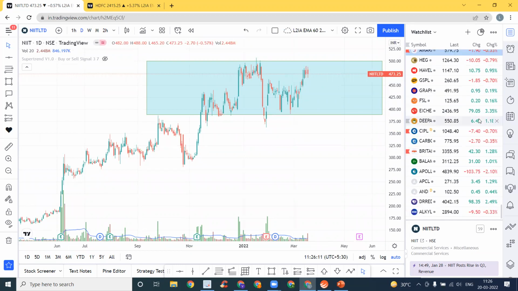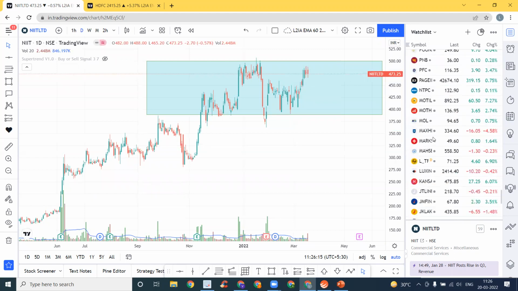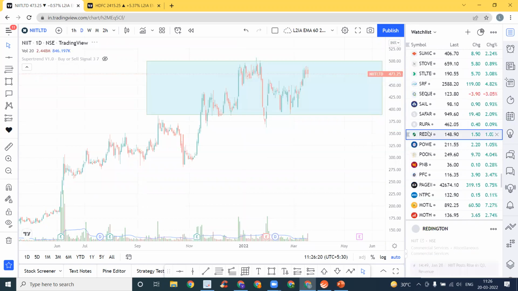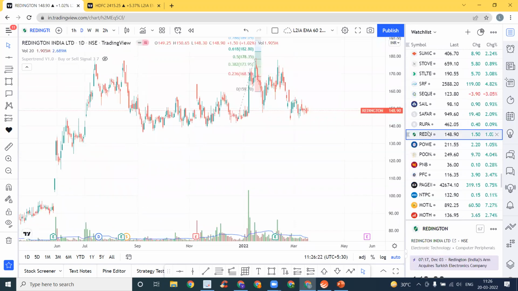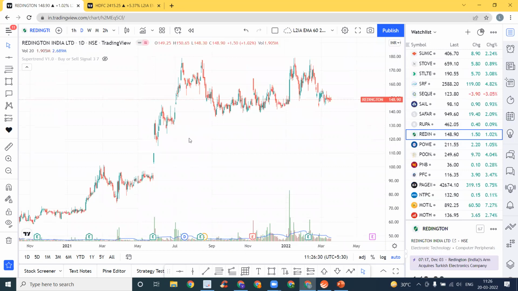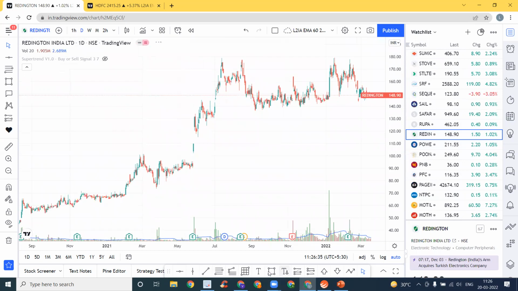Any other IT stock? Redington is another IT distribution company, which is a good company. If you are having the stock, hold it. Okay, you can see the stock is in a consolidation, at least since last May.